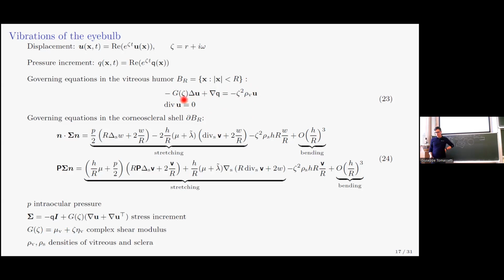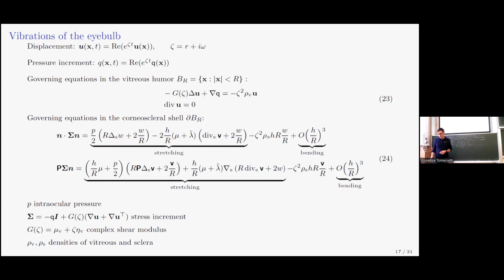So these are three-dimensional. And those equations are coupled with the equations that govern the motion of the eyeball, of the sclera. So you have to couple these equations with the shell on the boundary through appropriate boundary conditions. And those boundary conditions can be written in this form.